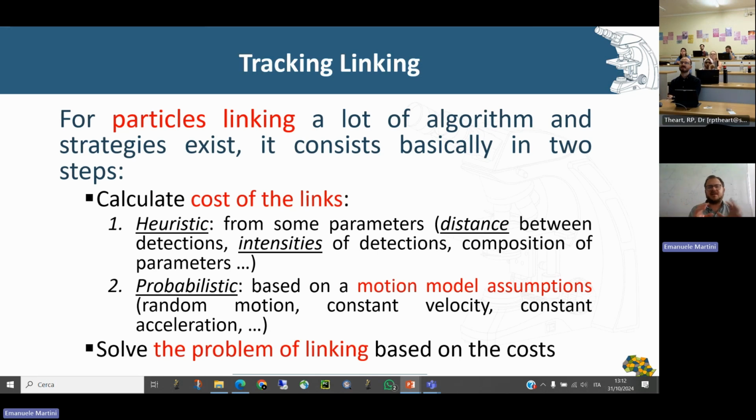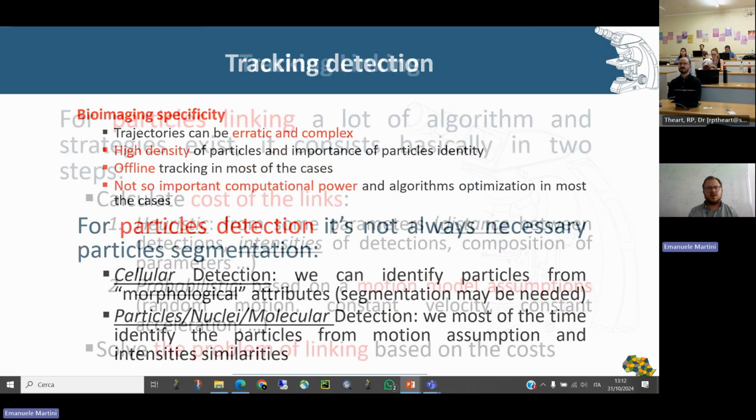And then you have something more probabilistic, or let's say model-based, with mathematical models. So you can put in some model assumptions: if you expect a random motion, so they go by chance, or if you expect that they always go more or less straight, or if they have a constant velocity or a constant acceleration. This part goes inside some linking algorithms, and they solve the problem by minimizing the cost of linking the particles that you have identified in the step before.